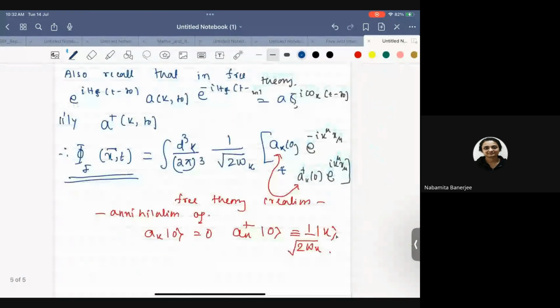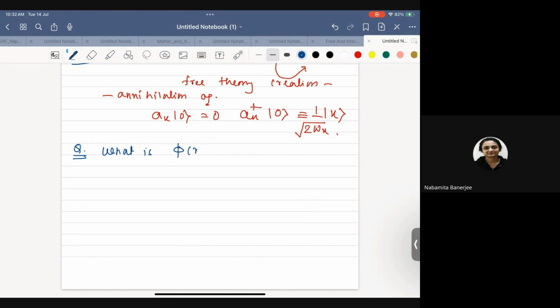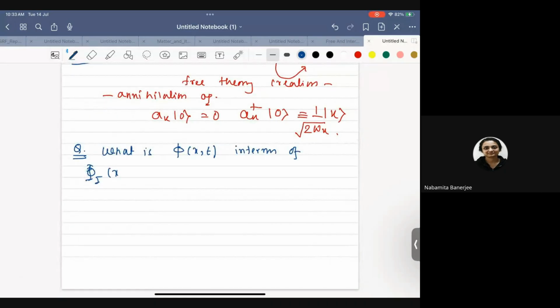Good, fine. Now, if I know this, the question is, what is then phi(x, t)? Now I am moving away from lambda goes to 0. If we know this, then we are done. So far, what do I know? I know that this phi I(x, t) is nothing but phi(x, t) in the limit lambda goes to 0.